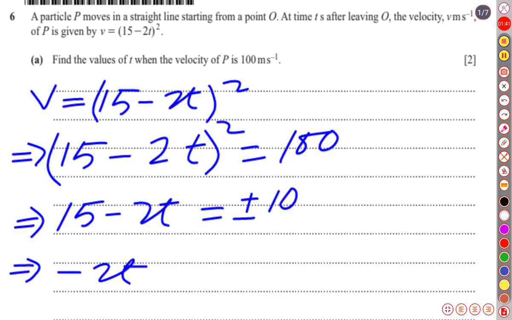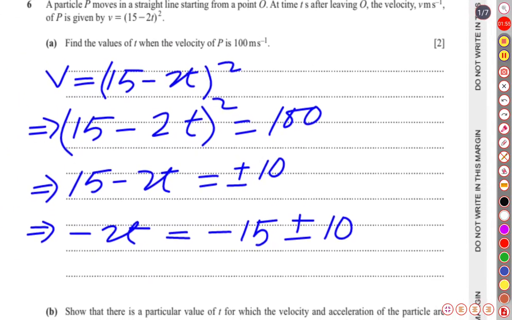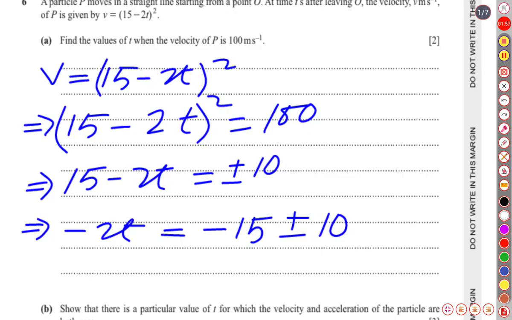So minus 2t is equal to negative 15 plus or minus 10, or if we discard the negative symbol from each of the sides, 2t is equal to 15 plus or minus 10.